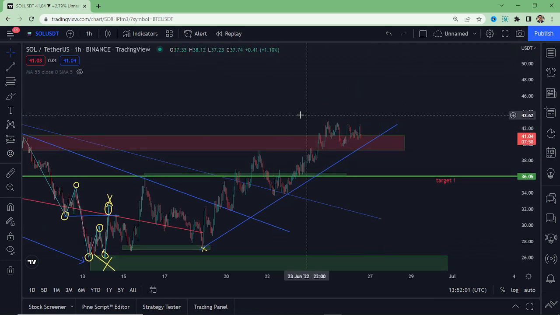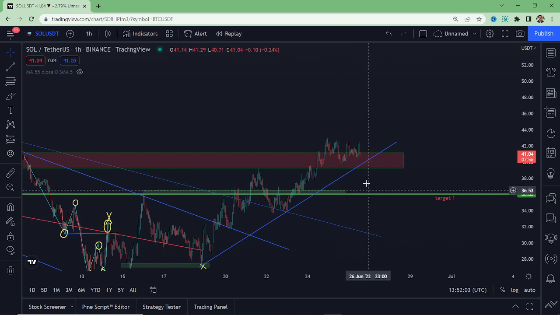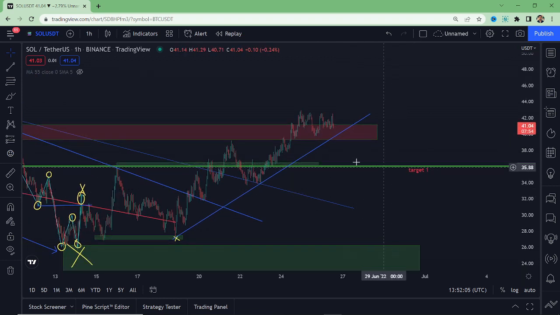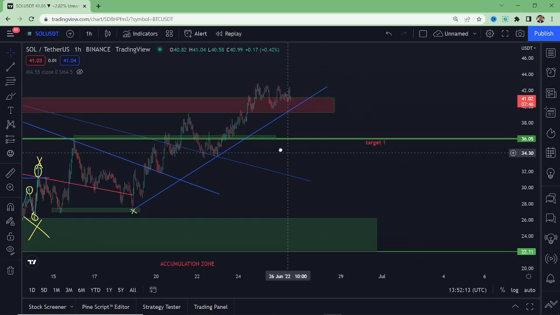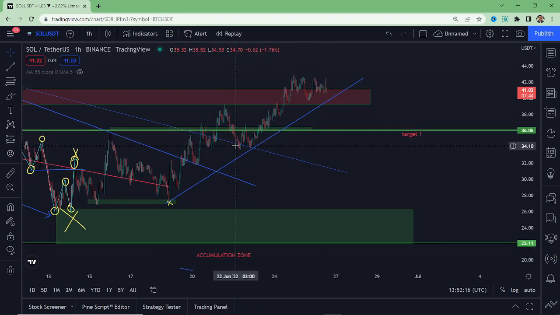But if it fails to hold this trend line, you could be falling back to your previous order blocks, which would be this place. Sorry, not this place, this place, $34, and then the second order block would be $27.